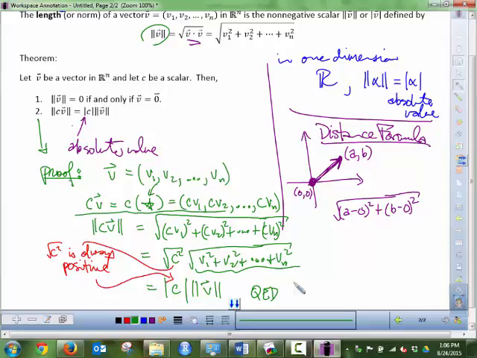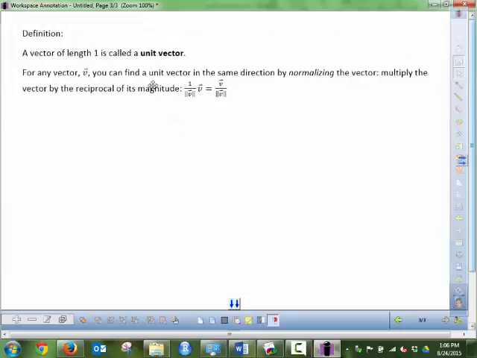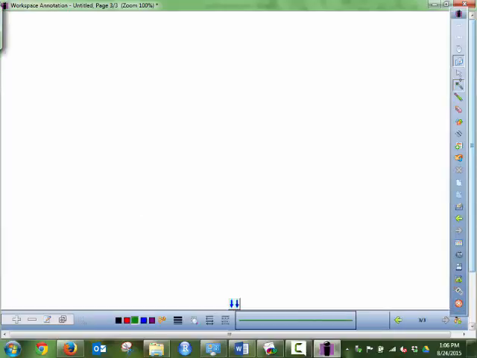All right. So that's the magnitude. Let's do a simple problem of finding the length of the vector (2, 1).